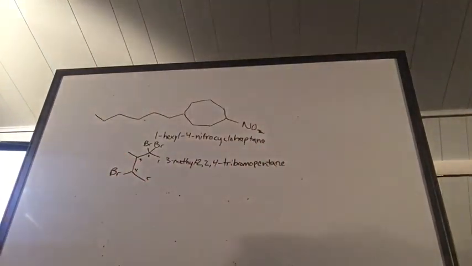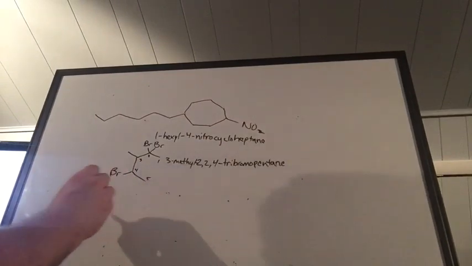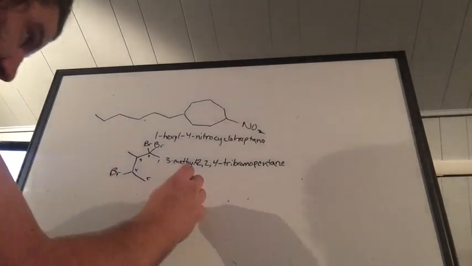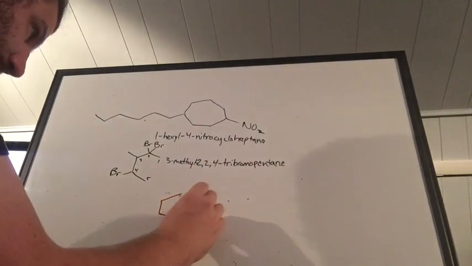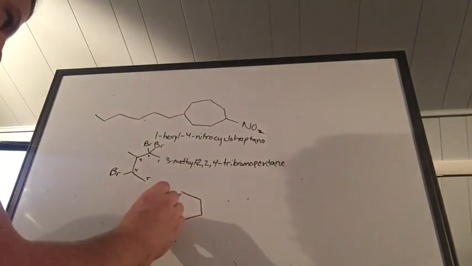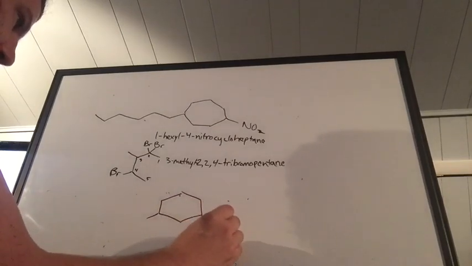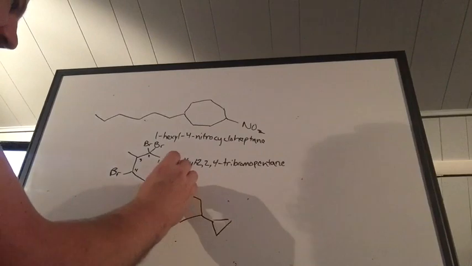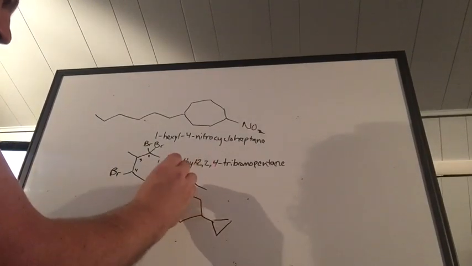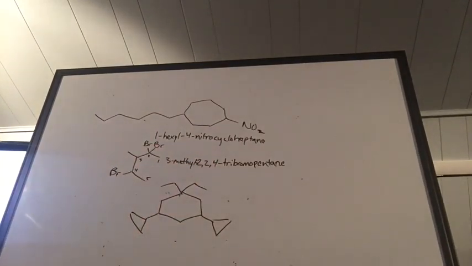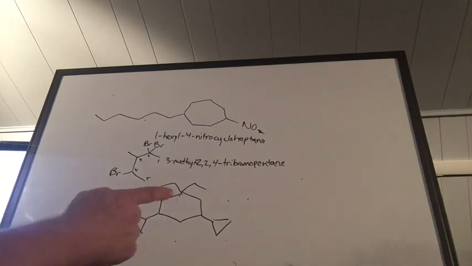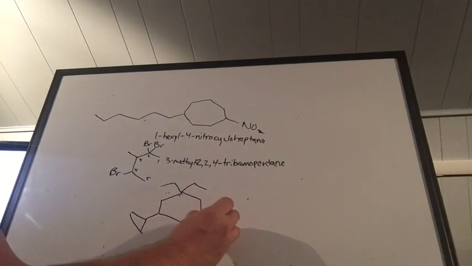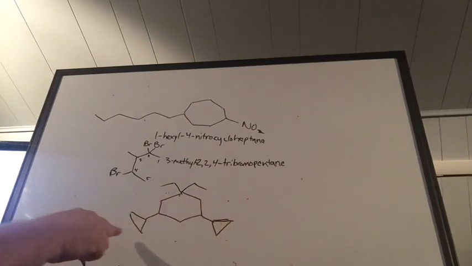Next up is going to be a cycle, and then another couple cycles branching off of that. This funny looking thing here. Almost looks like a bug. Okay, so we got 2 cyclopropane rings right here.